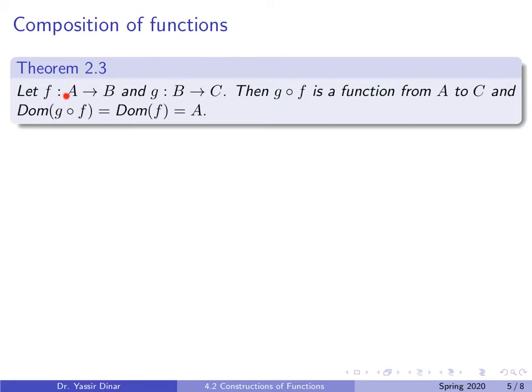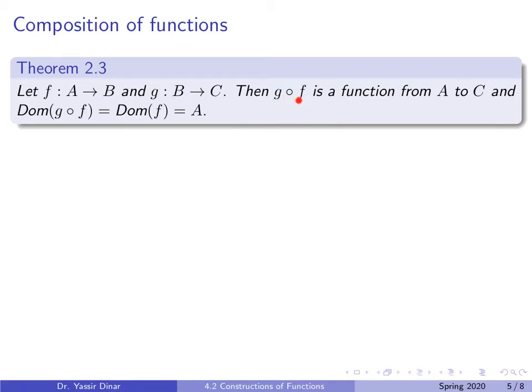So let f be a function from a set A to a set B, and g is a function from a set B to a set C. Then f and g treated as relations, we can find the composition of f and g, which is g circle f.